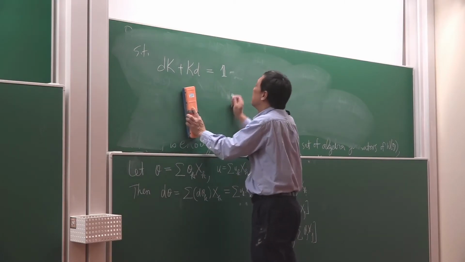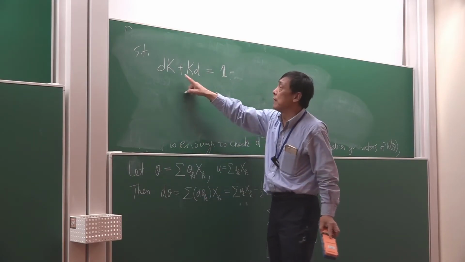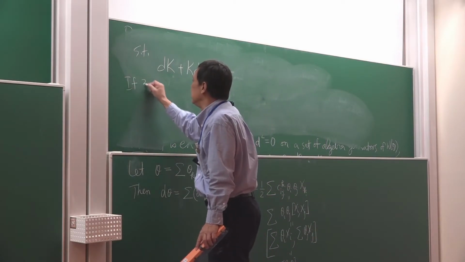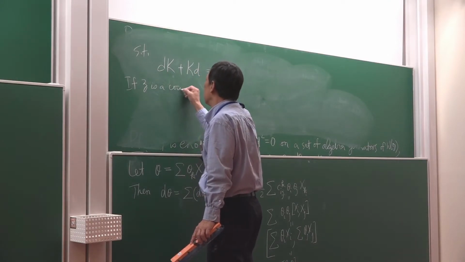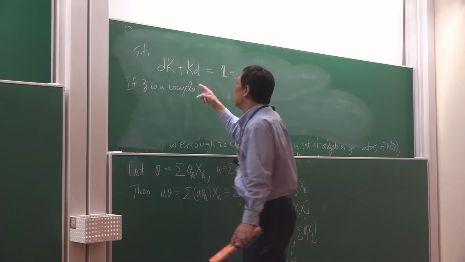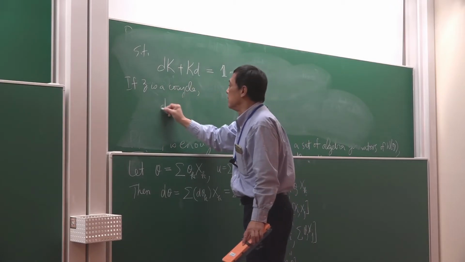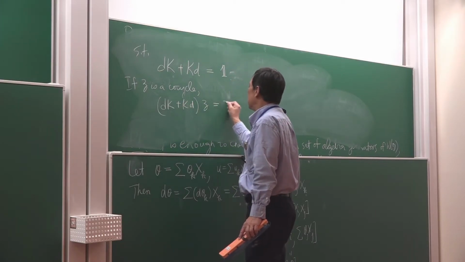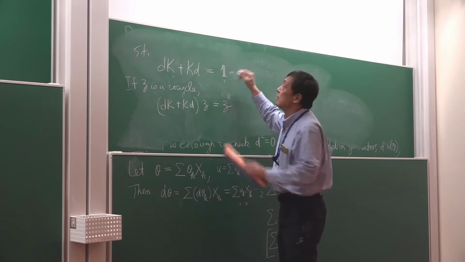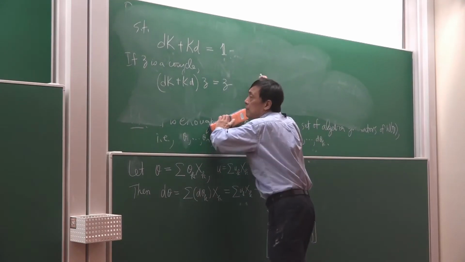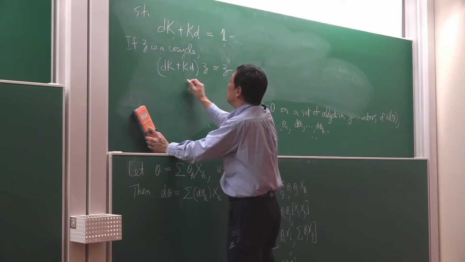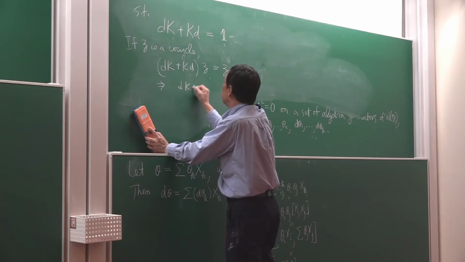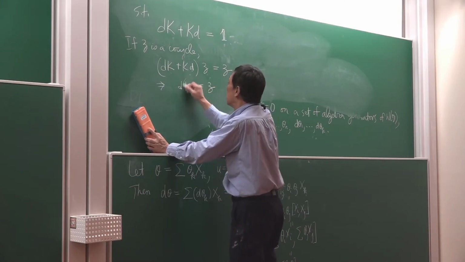Yeah, so suppose you can find such a K, then if Z is a cocycle, then dk plus kd applied to Z is Z, because this is the identity. But if Z is a cocycle, dz is 0, then this will give you dkz is Z, okay?